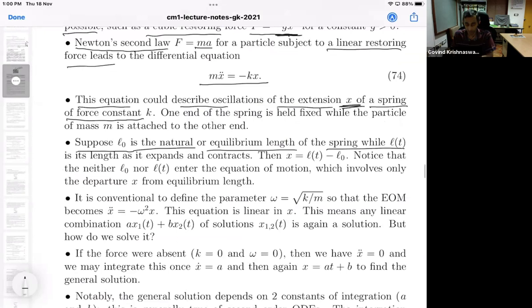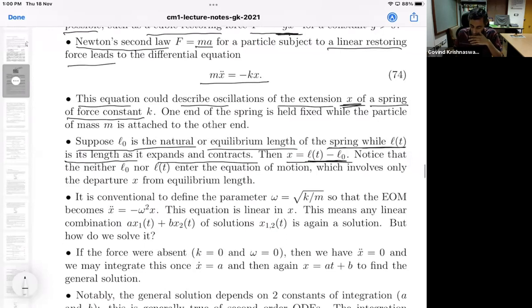The thing we have been calling x all this while is L of t minus L0. It's very important to bear in mind that x is not the location of the spring as such, but it's the displacement relative to equilibrium: the length of the spring minus the equilibrium length.